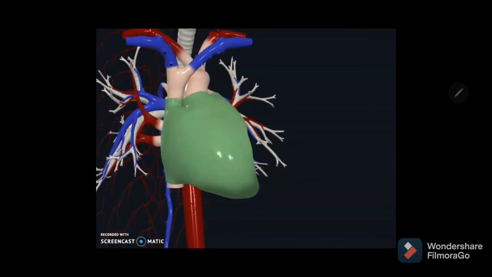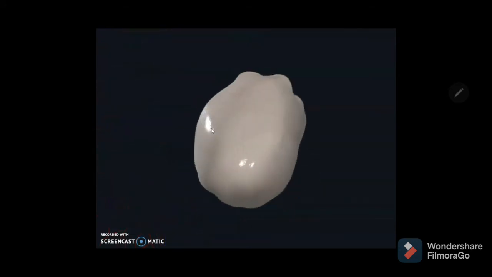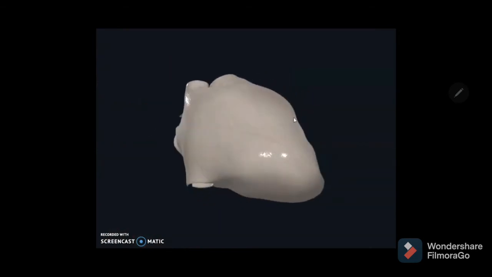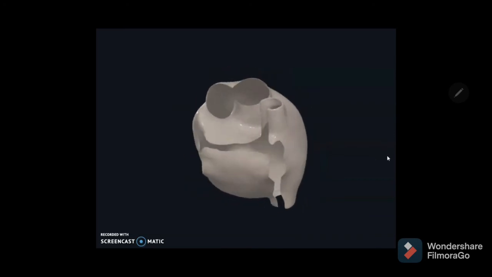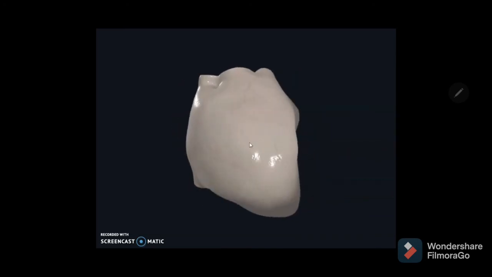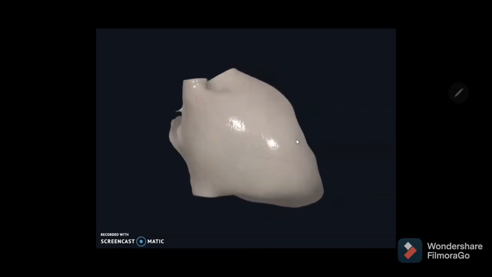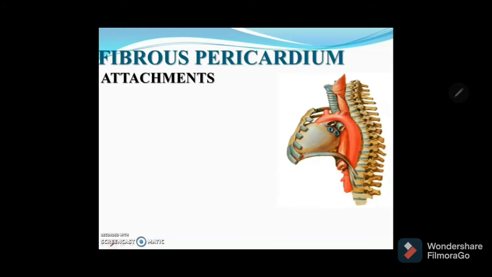The serous sac is a closed sac, like a balloon, whereas the fibrous pericardium is an open sac, like a plastic carry bag. Okay, so remember that fibrous is open sac, serous is closed sac. That is what you are observing here, and both layers cover the heart and keep it in position and prevent over distension.